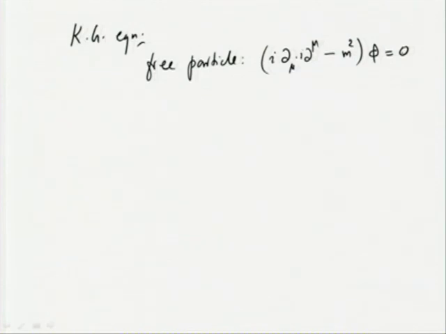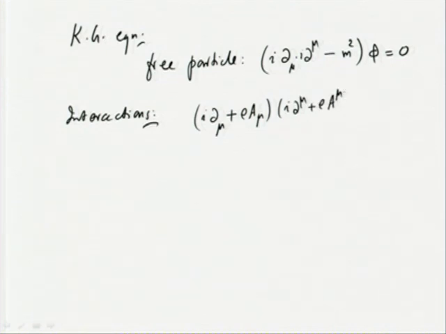This gives p square plus m square phi equal to 0. Now, in the interacting case, when we switch on the interactions, we will have I dou mu plus E A mu, I dou mu plus E A mu instead of I dou mu, and then m square as usual, acting on phi.